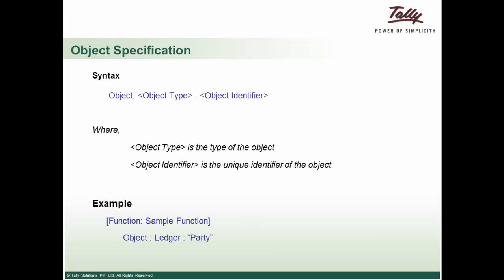So this is how you can specify object colon the object type and the identifier, if required. This depends upon the requirement of the function. The identifier depends on whether there is an object to be created or to be recorded. So the object context will change.